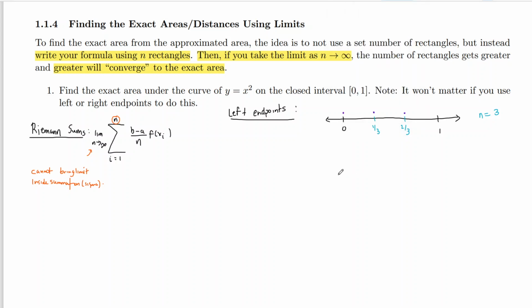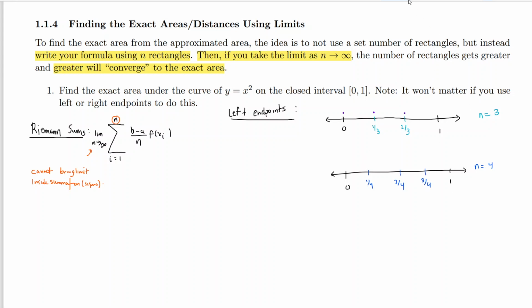All right, now what if we go up to n equals 4? So we're still starting at 0 and going up to 1. But I want to use n equals 4 just to see the pattern here. Well, I'm going to cut it into 4 pieces now. And now each one is going to be 1/4 wide because I'm doing from 0 to 1 in 4 equal pieces. So this is 1/4, this is 2/4, which I'm just going to leave as 2/4, and 3/4.